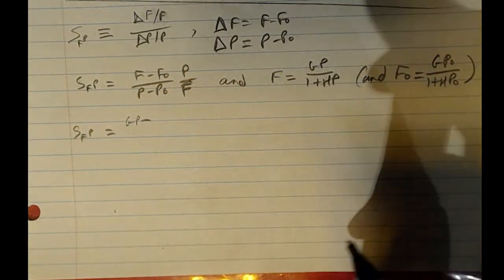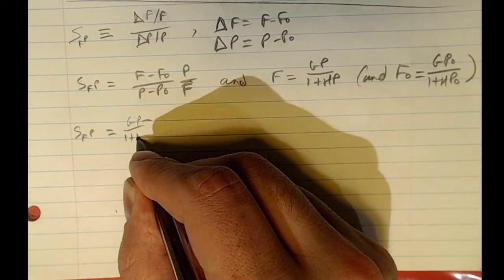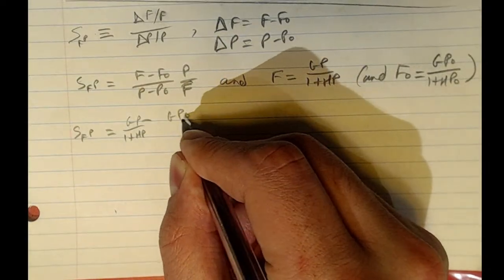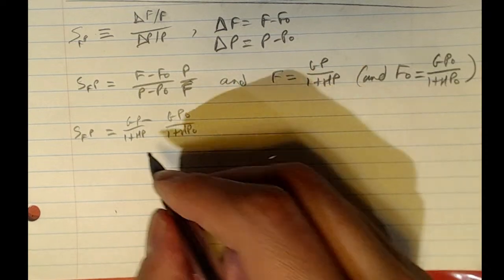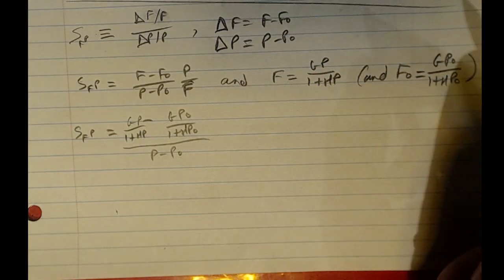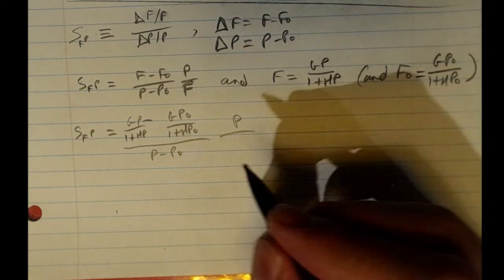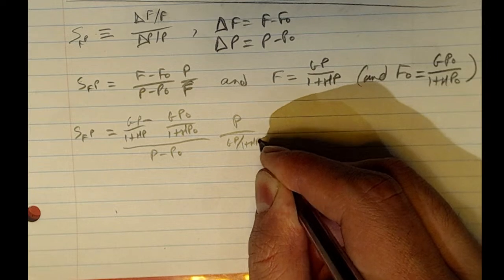GP over 1 plus HP minus GP naught over 1 plus HP naught, over P minus P naught, times P over GP over 1 plus HP.